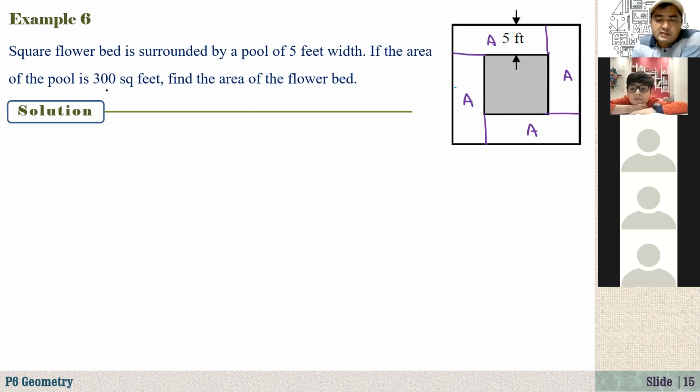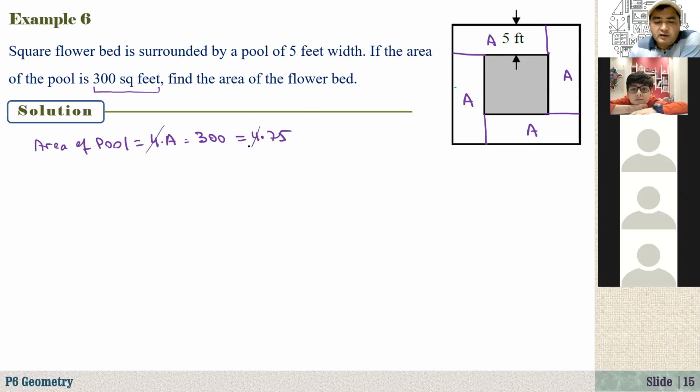In the question, the area of the pool is 300 square feet. The area of the pool is equal to a plus a plus a plus a, that's 4 times a, the sum of the areas of these four rectangles. That's equal to 300. I can write 300 as 4 times 75.